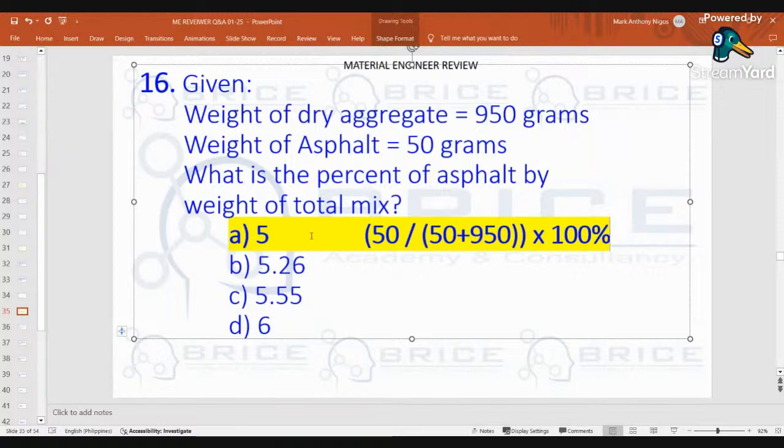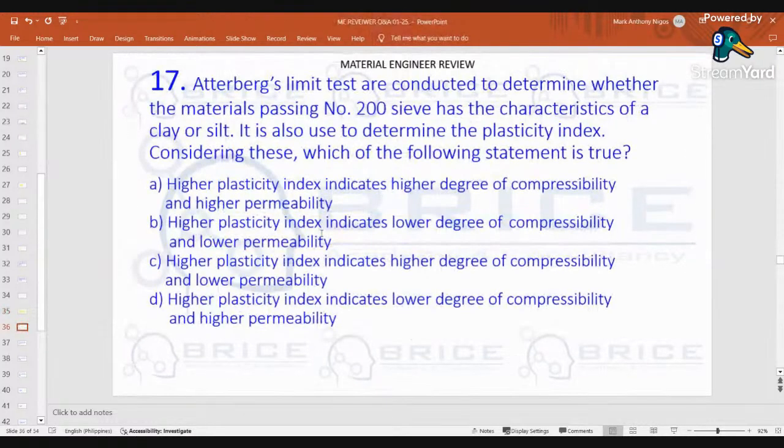So, that comes out to 0.05 or 5%. Okay, number 17.